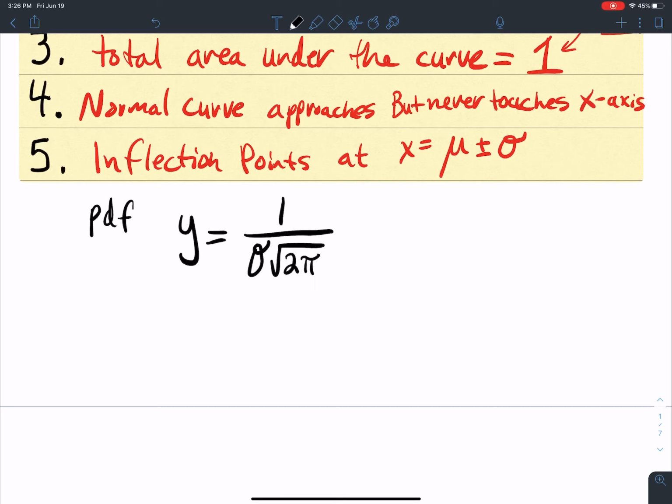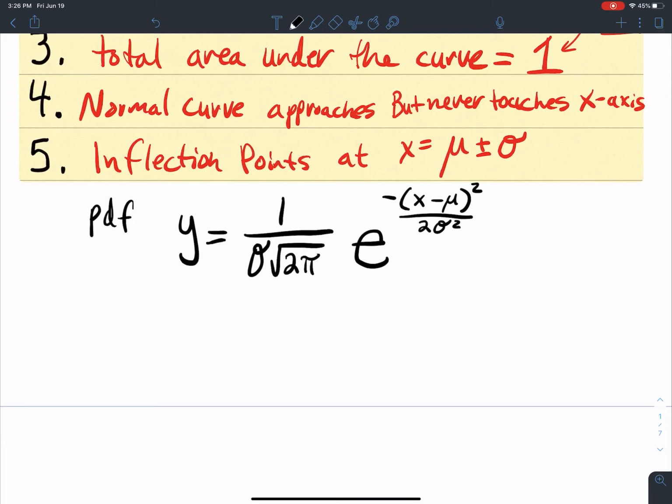That's weird, right? That is actually a constant that we multiply to make sure the area underneath is 1. Pretty interesting. And this is e raised to the negative, and in parentheses, x minus mu, the deviation of the values from the mean, squared, divided by 2 times the variance. Okay?